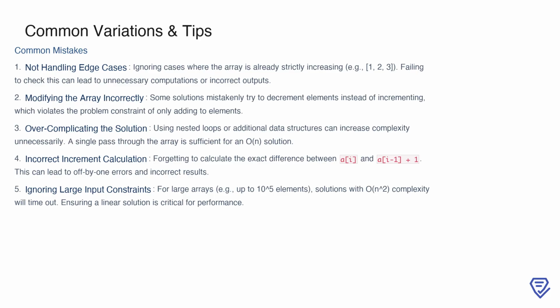For example, you need to ensure that each element is incremented to nums[i-1] + 1, not just to match its predecessor. Lastly, ignoring input size constraints can cause performance issues. Since the input size can go up to 10 to the power of 5, any solution with O(n²) complexity will likely fail due to time limits. A linear solution is not just optimal but essential for passing all test cases.